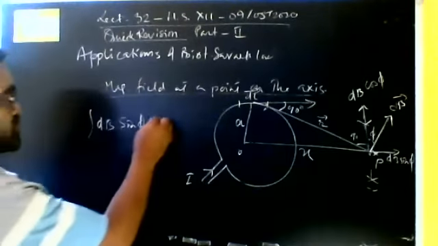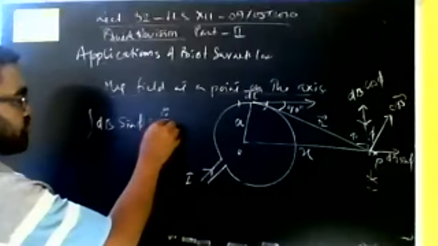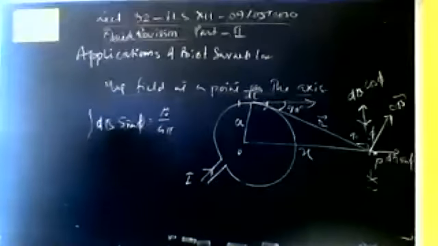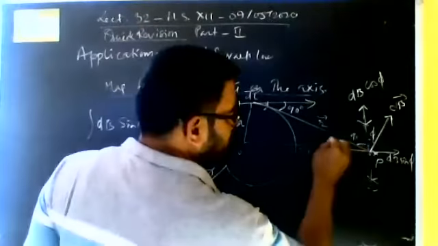So dB is mu naught by 4 pi. This angle is phi.